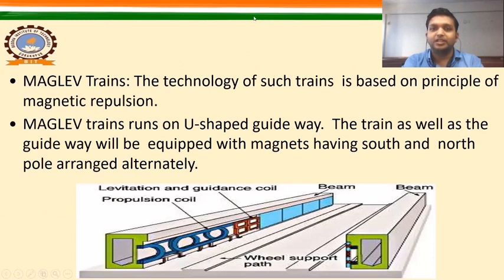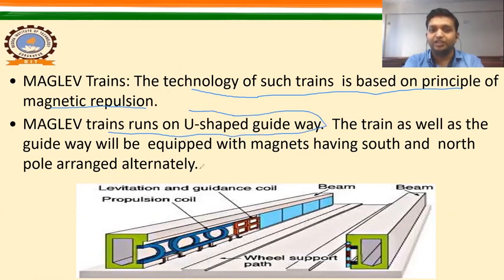So here we can see that the technology of such a train is based on the principle of magnetic repulsion, right? Maglev trains run on a U-shaped guideway. You can see here, if the diagram is visible to you, that this train actually runs on the U-shaped guideway.